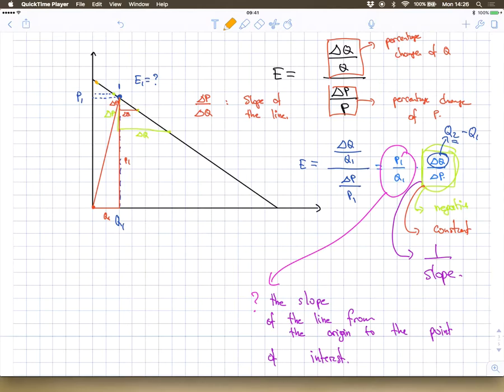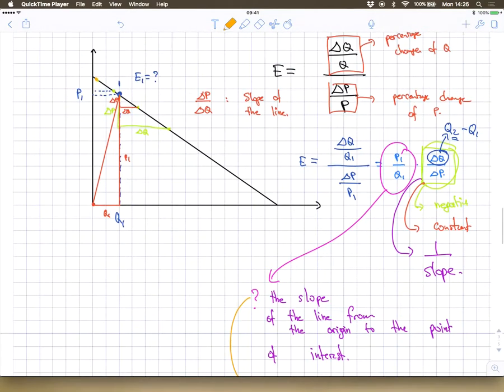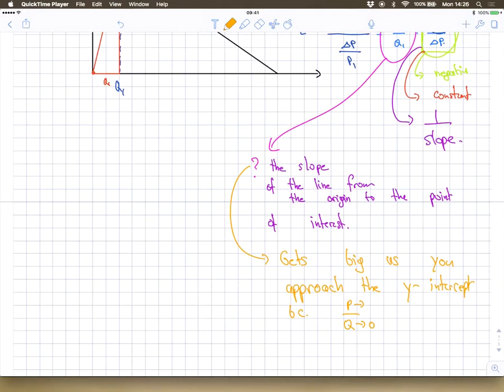Which means that this part gets very big as you approach the y-intercept, because P over Q, this tends to 0, this tends to whatever number you have here, A, and A over something that tends to 0, very close to 0, tends to infinity.